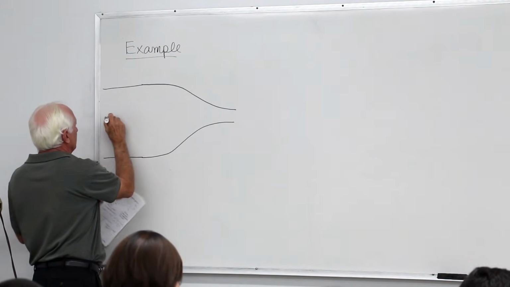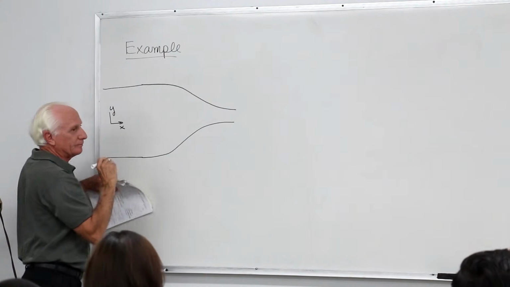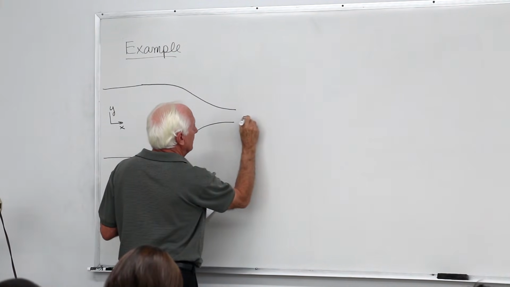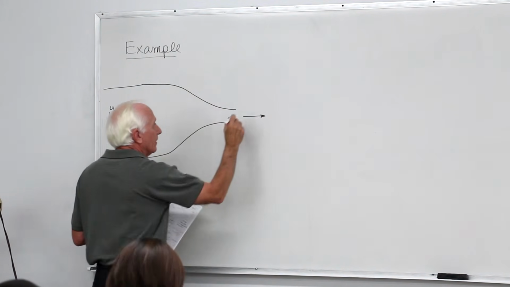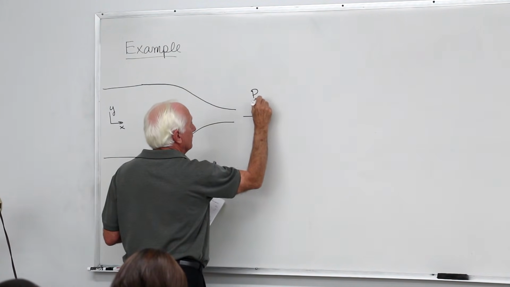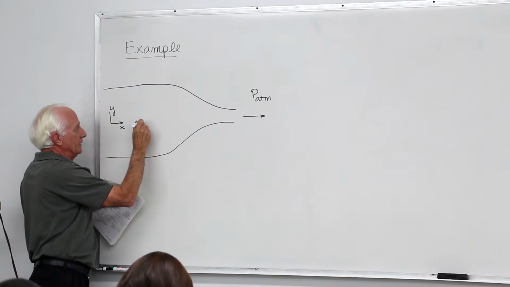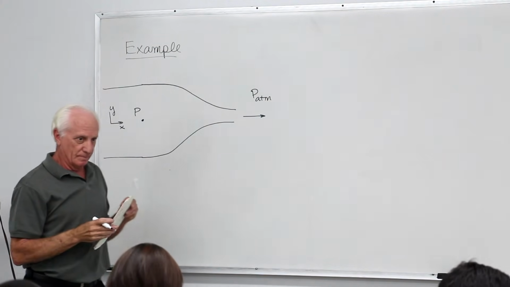We're going to show the x and y direction. The fluid is leaving here, exiting to the atmosphere, but the pressure at this point in the pipe would be P. It's a pipe under pressure.